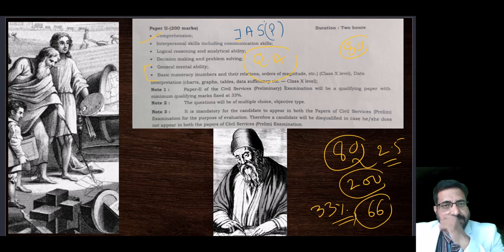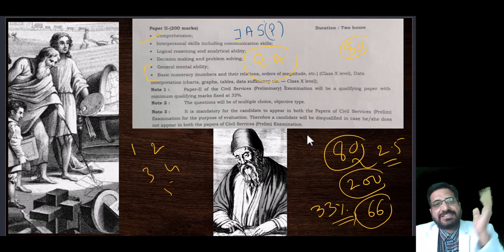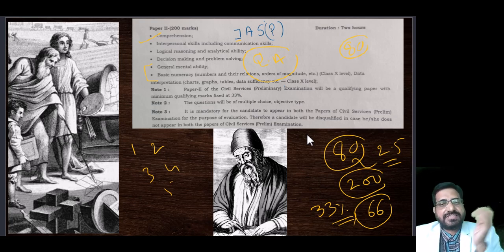Have you found any number in any shop, any mall? Where are those numbers? 1, 2, 3, 4, 5. We don't know. What are these numbers? Can you get these numbers anywhere in nature or in any shop?